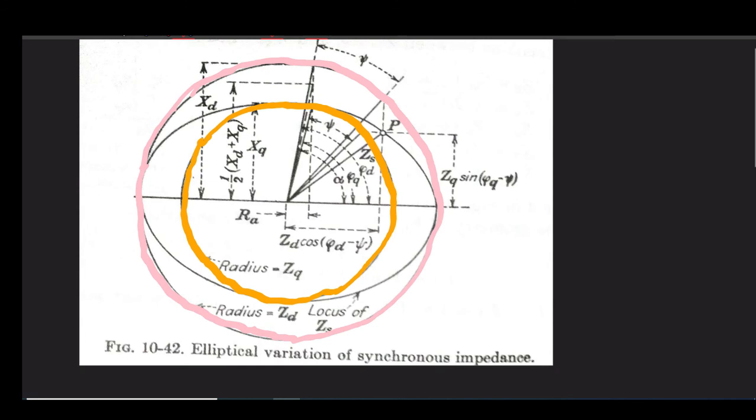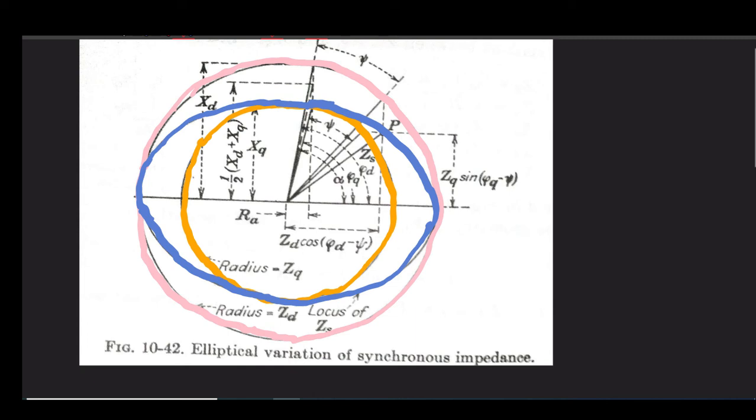And this is how our Z varies between these two extreme cases. Now the obvious question that should come to your mind is whether this ZS is variable or ZS is constant for a particular load.